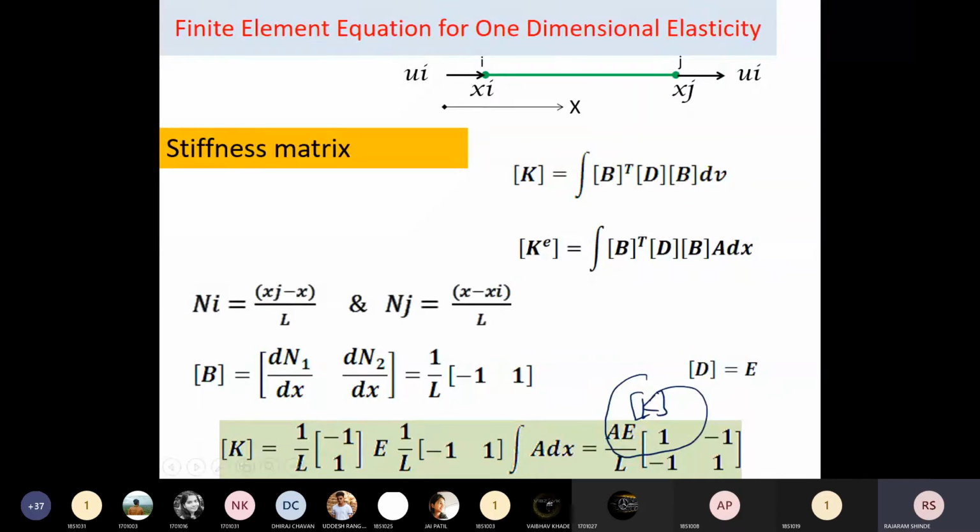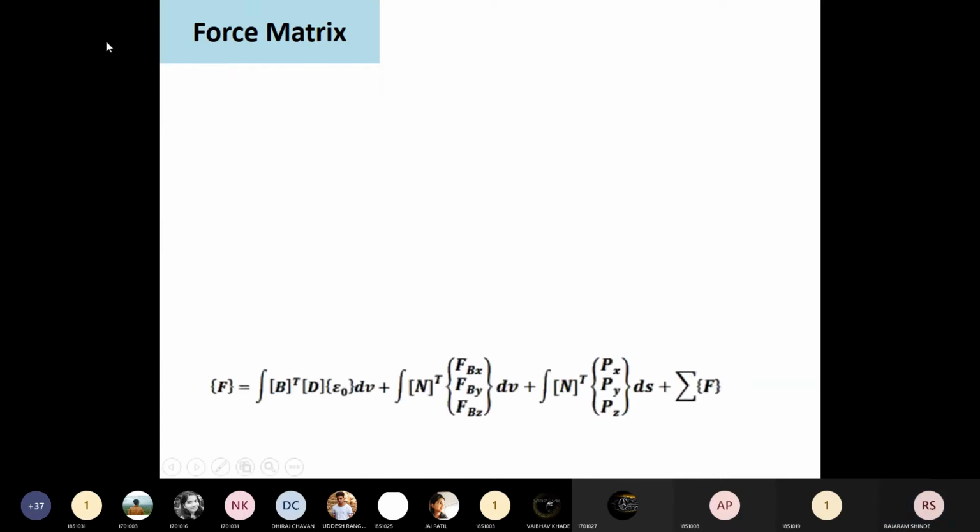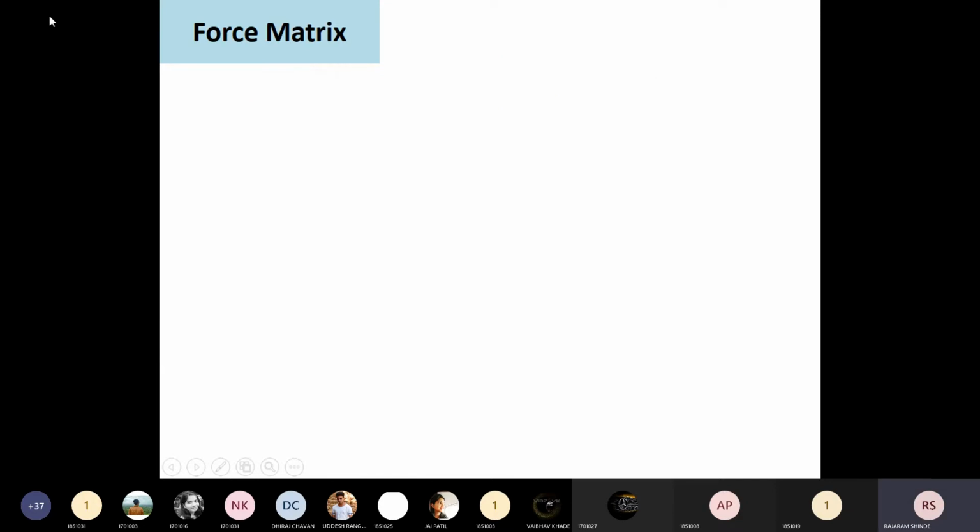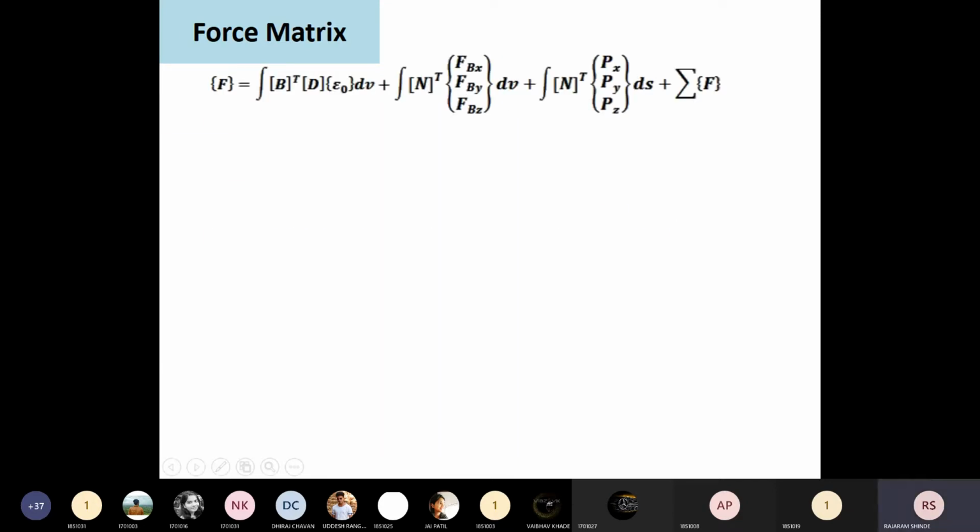Now the next part is the force matrix. Force is the addition of: first, thermal load; second, body load; third, pressure; and next, nodal load.